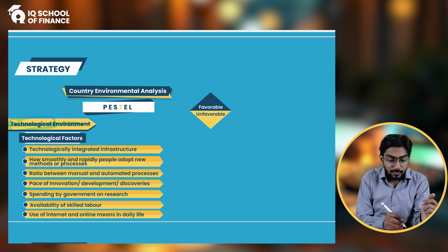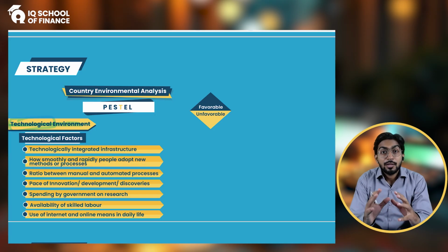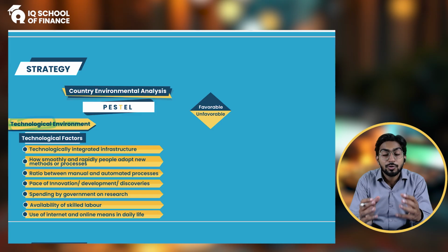Now again, how smoothly and rapidly people adapt to new methods and processes. The technological environment also includes the approach or mentality of the people, how adaptable they are and how much they accept new technology, new processes and new methods.